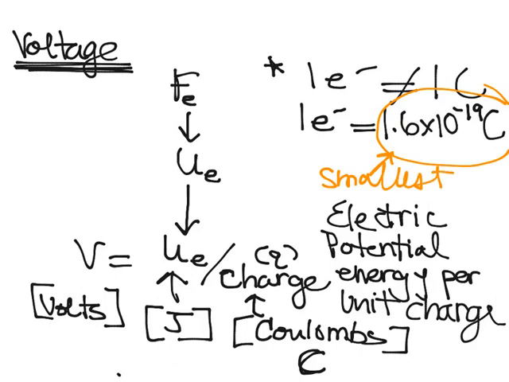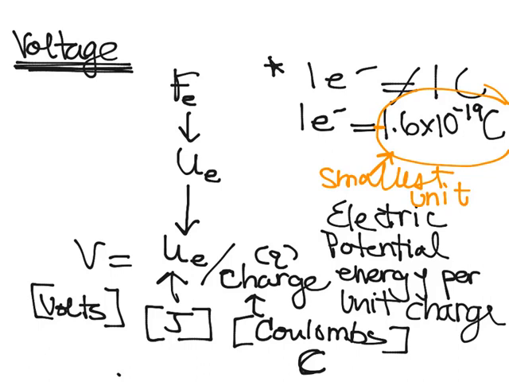One proton would have exactly the same amount of charge, 1.6 times 10 to the minus 19 coulombs. When we're talking about an electron, we put a negative sign in front of that charge, and for a proton, a positive sign.